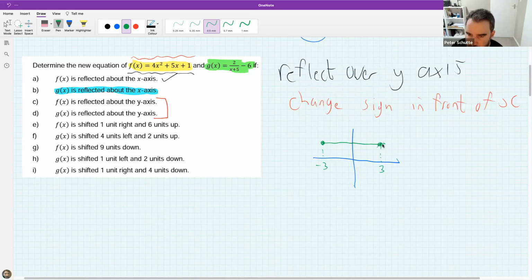I'm just showing you what it looks like if you reflect a point over the y-axis. You can see the x value will change if you're reflecting over the y-axis. Now think about what algebra you can use to help you with this.